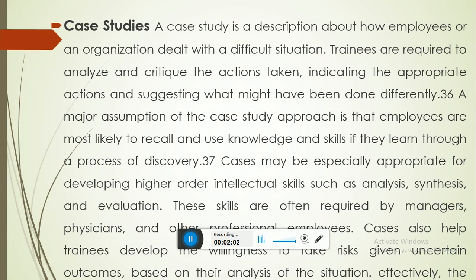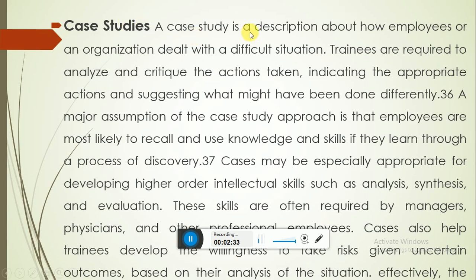Especially when you're doing strategic management, they give you a case study, you read it, then you analyze and find the problem. Then you evaluate the problem and find the solution for it. That's a different scenario when you're dealing with a case study. So let's read the slide.